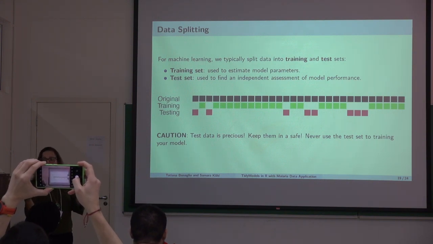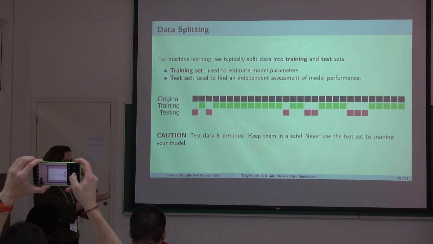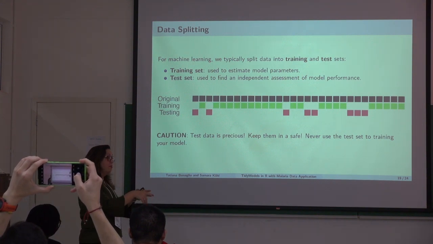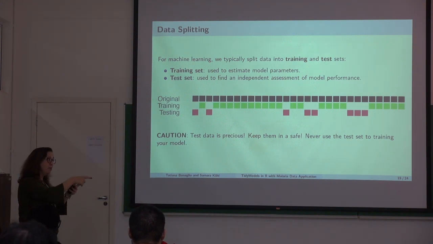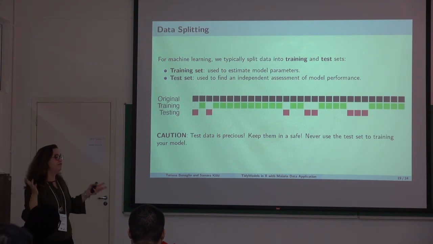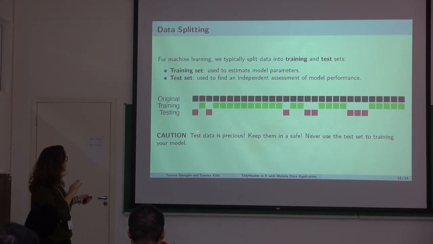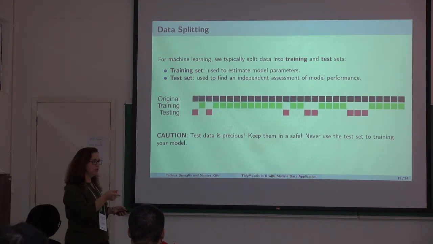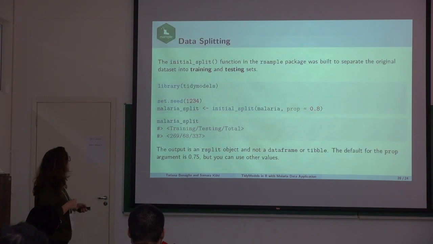That's why it should be a good model for that data. But we want to know if that model generalizes well to new data. So that's why you keep this testing data away, and then you check the performance of your model in the test set.